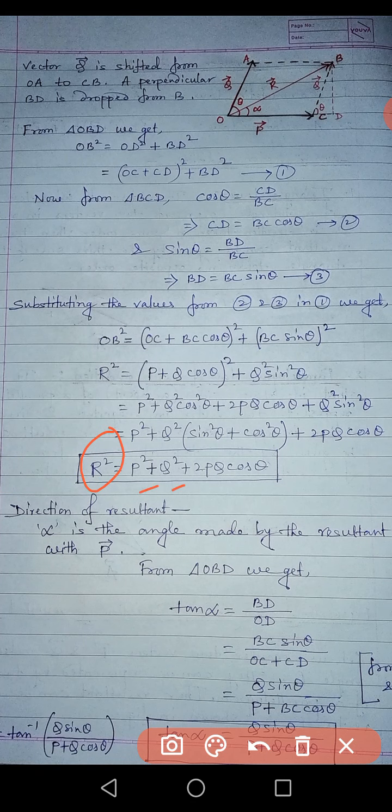See, P and Q we are keeping the same, but the maximum value of the resultant R for two given vectors depends on theta, how the vectors are oriented. Because in maths you have already learned that the value of cos theta lies between -1 and +1. Whenever cos theta is -1, it gives the minimum value.